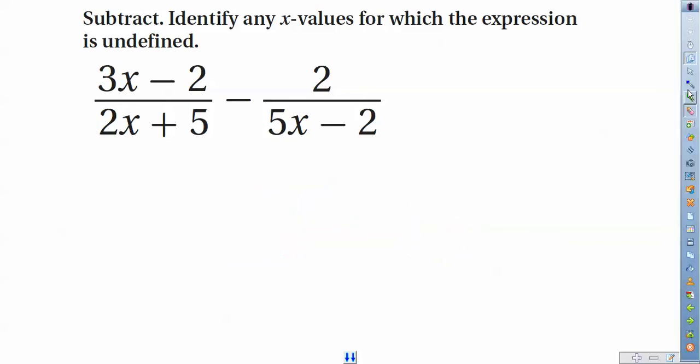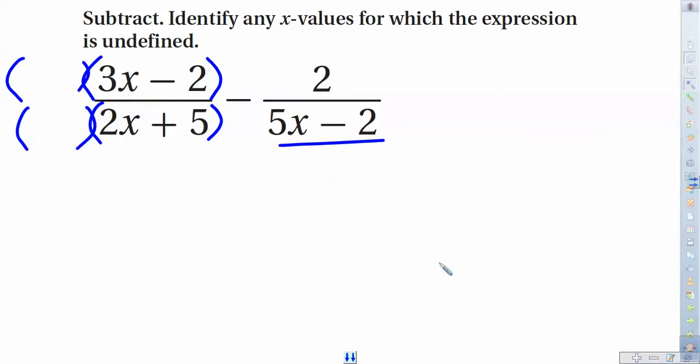So in this case, let's multiply both the top and the bottom here by what? Yeah, let's multiply by that 5x minus 2. And then over here, let's do x plus 5.